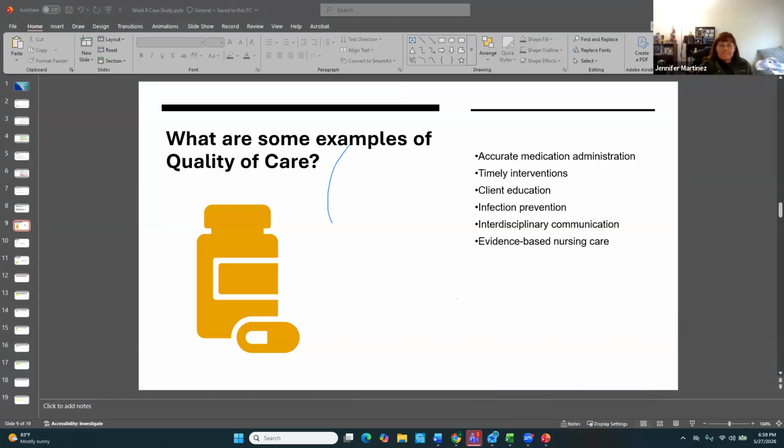Who else? He's a fall risk. So OT and physical therapy. Okay. What's the difference between PT and OT? Physical therapy helps you with your range of motion, so to say. OT is more for ADLs.